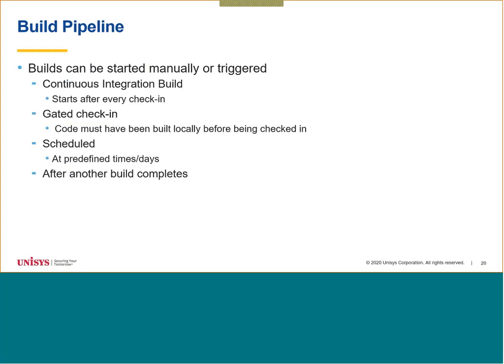On Monday, Russell showed you a demo when he checked something in and instantly started a build. So that's one way of doing it. Normal continuous integration: every check-in triggers a build. If you've got a very big system, that may be something you need to possibly not do because it takes time.